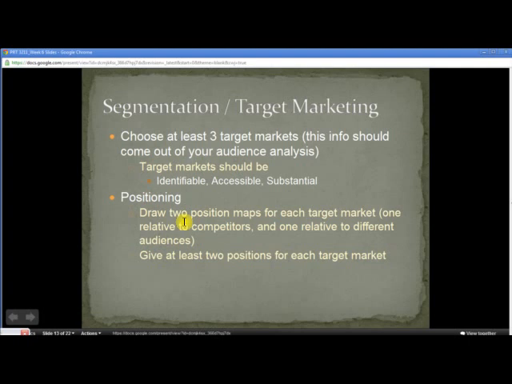The other one I want you to do is relative to different audiences. So you've obviously chosen one audience, that's your target audience, and they're going to be plotted on your position map. For this, you can choose the same characteristics as you did by competitors, the same 2 axes, or you can do different. It's up to you.